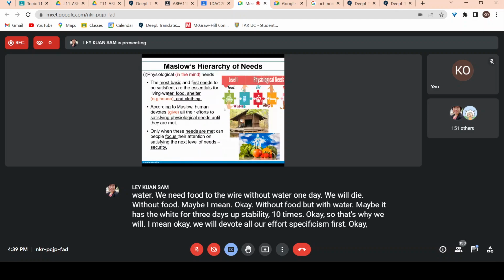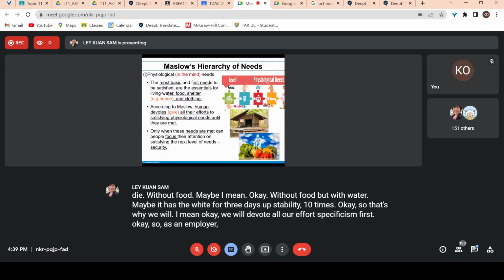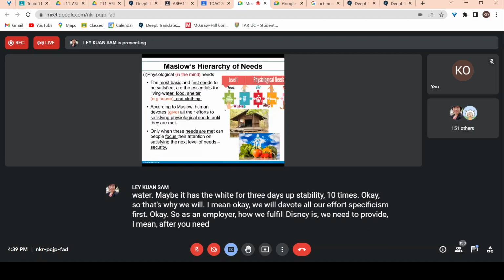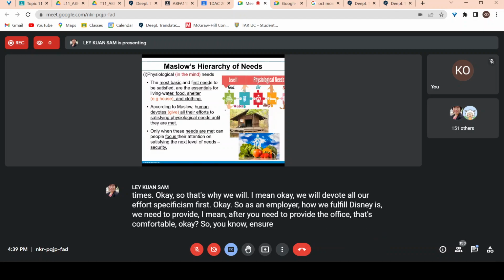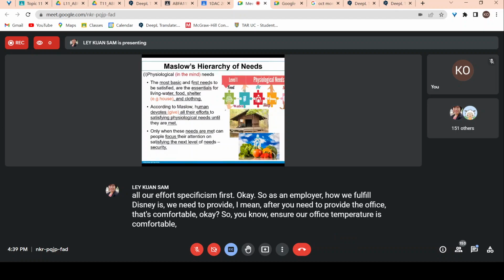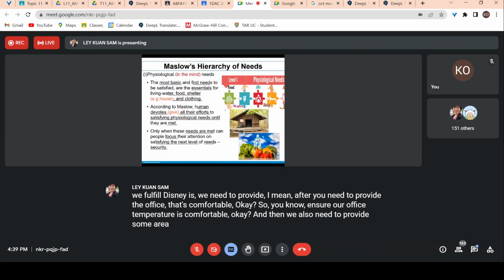So as an employer, how we fulfill this need is we need to provide an office that is comfortable. We need to ensure our office temperature is comfortable. We also need to provide some area for our workers to get their drink.